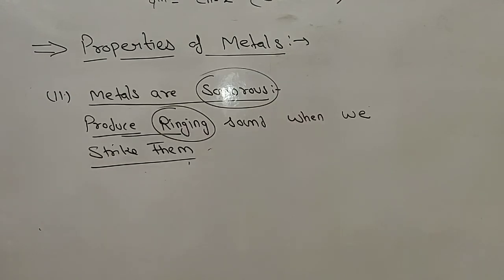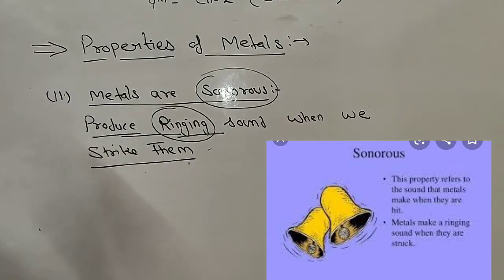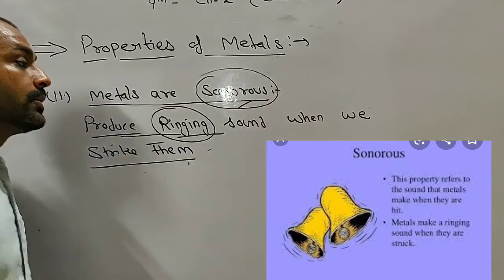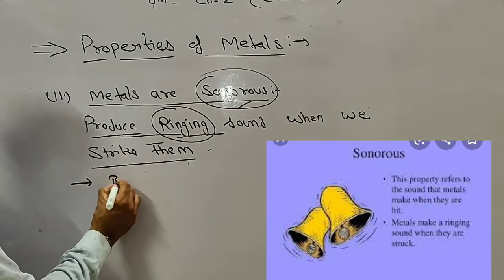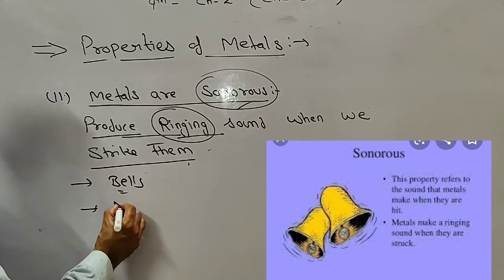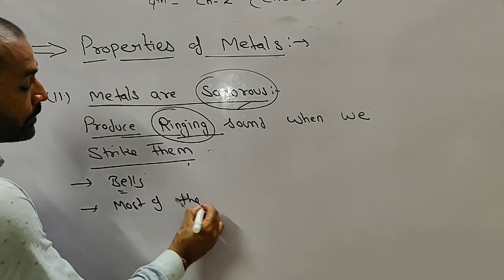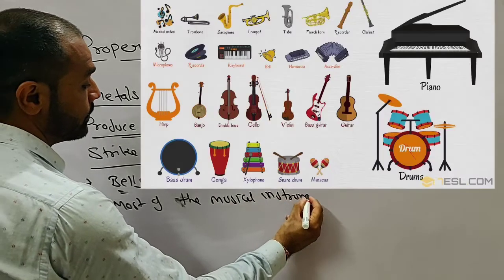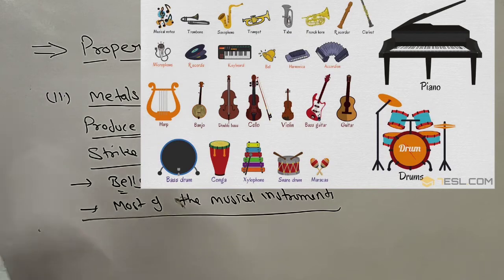So the next property is metals produce sound when we strike them, a ringing sound actually. So this property is called sonorous. This property of metals is used in bells and most of the musical instruments.